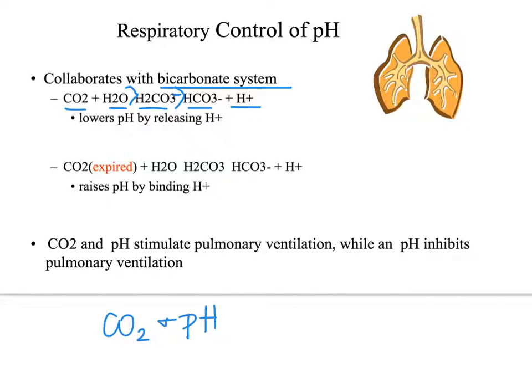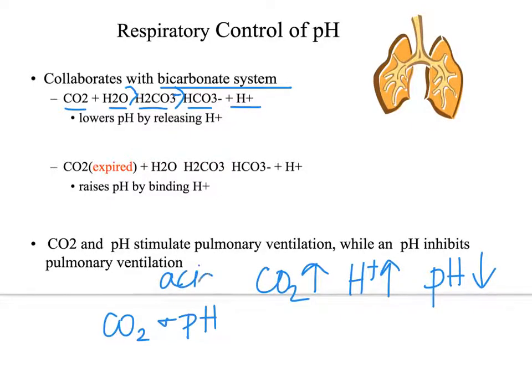Carbon dioxide goes into the bloodstream, binds with water, and actually releases hydrogen ions. So basically, here's what happens in your blood. If your carbon dioxide level goes up, your hydrogen ion level goes up, and your pH goes down. So this is acidic.